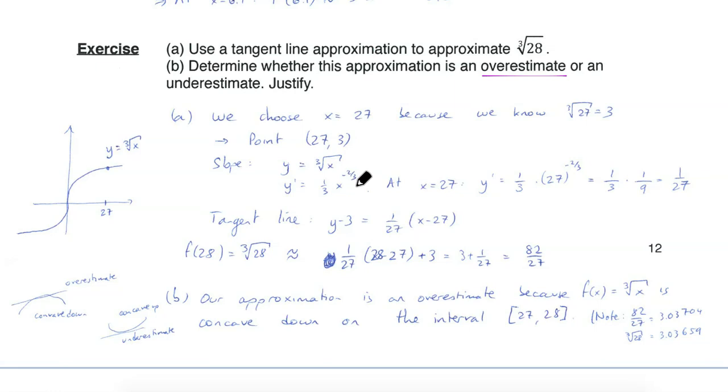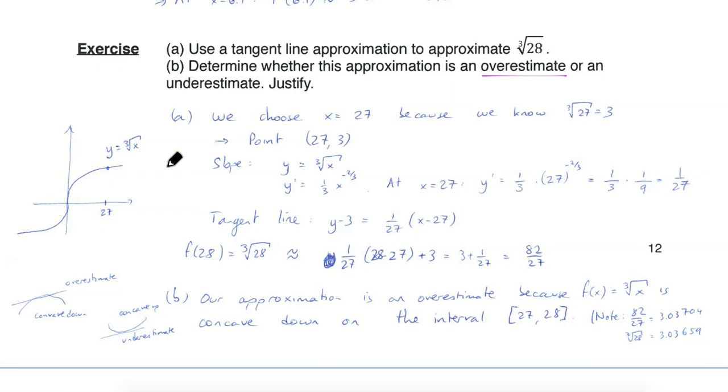So for any value of x between 27 and 28, we will realize that our function is concave down. We can also see this on the graph. It's concave down always.